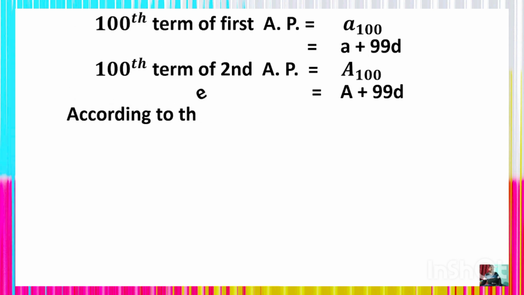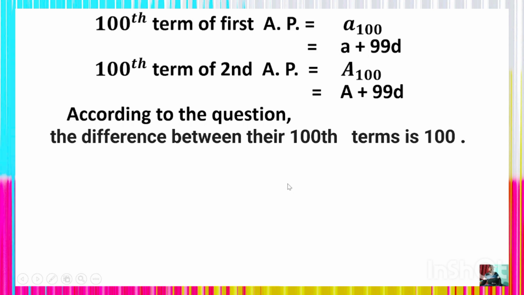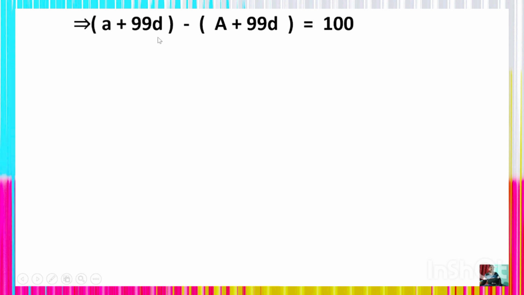Understand? According to the question, the difference between their 100th terms is 100. It means a100 minus capital A100 is 100. In place of a100 you can write a plus 99D minus (capital A plus 99D), which is 100.